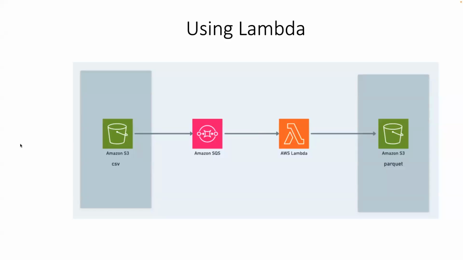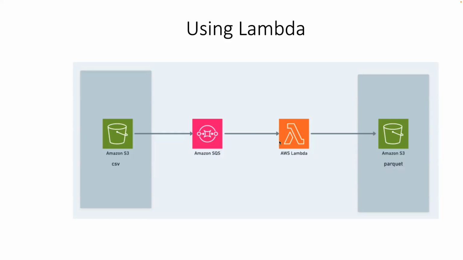One way of doing the transformation is a very simple use case where you're using a Lambda. This is a single job, as in a single node, just one process doing this conversion. Here you might drop in a file and it sends an event to SQS, simply for handling your workload.